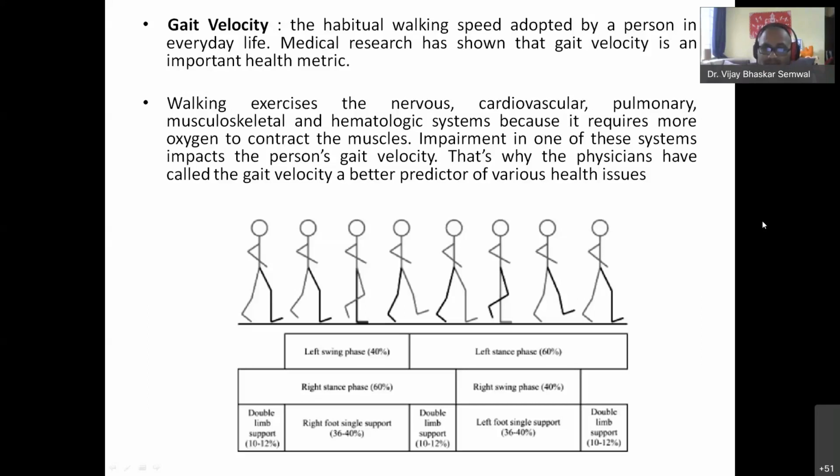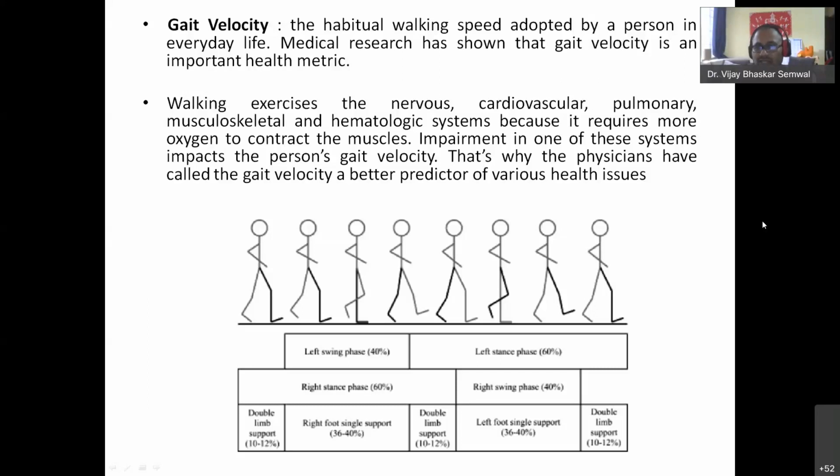If you are affected by any nervous, cardiovascular, pulmonary or any sort of disease, your gait velocity will be affected. That's why the medical researcher, scientist and doctor community has accepted this as an important metric for human health. You can refer to the literature regarding this. Physicians have called gait velocity a better predictor of various health issues.